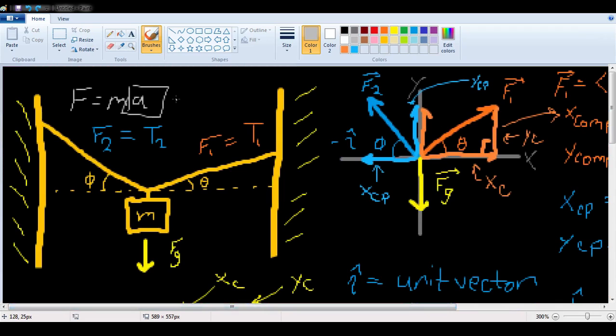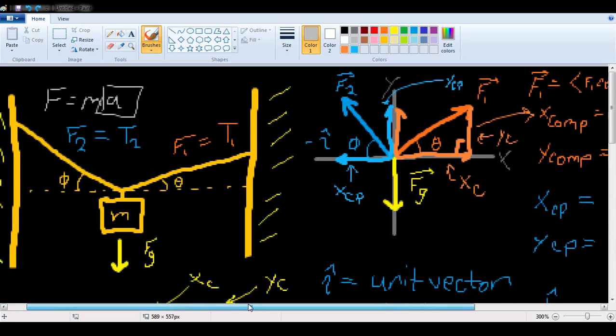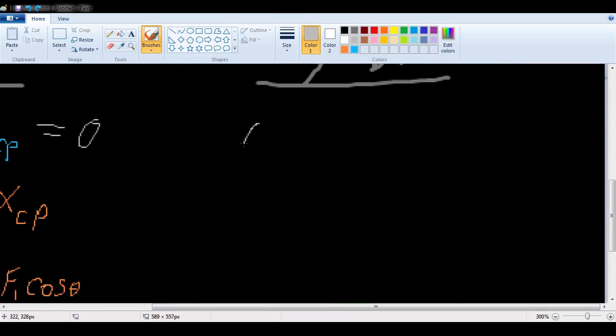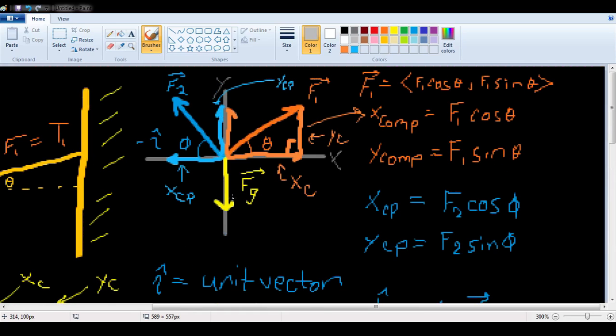So now we have to come back over here to the force equation again, and we have to ask ourselves again whether or not this is accelerating in the vertical direction, which it clearly isn't because it's not moving. So we're going to have a net acceleration of 0 again. And now we just add up all these vectors.